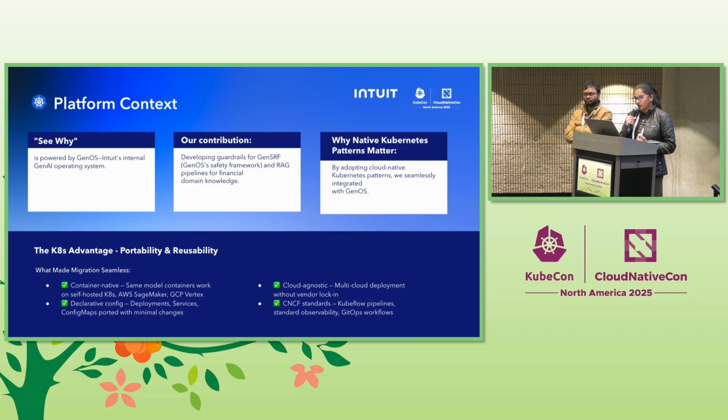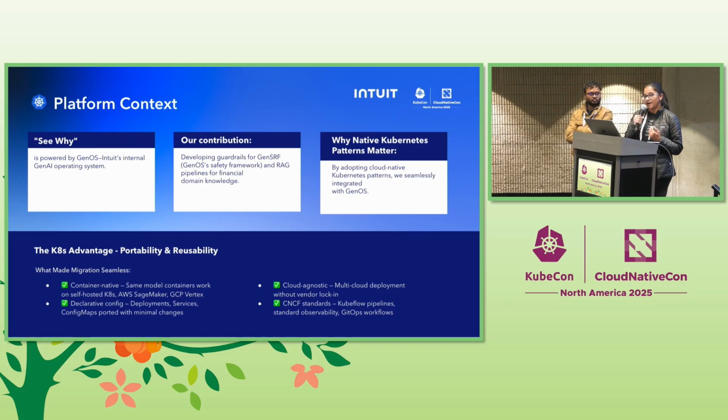Our main contribution here is that we were able to develop custom guardrails, as well as utilize some open source guardrails, and host them quickly in a framework agnostic fashion. And when it comes to Intuit's infrastructure, we have something called GenSRF, which is Intuit's GenOS safety framework.